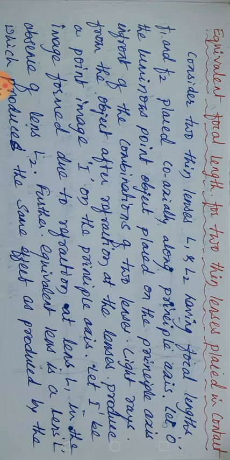Whereas for parallel combination, 1 by R equivalent equals 1 by R1 plus 1 by R2. That is, the reciprocal of the equivalent resistance when two resistances are connected in parallel is the sum total of the reciprocals of the individual resistances.